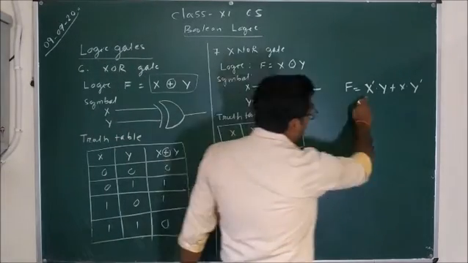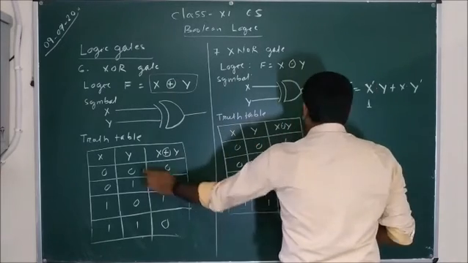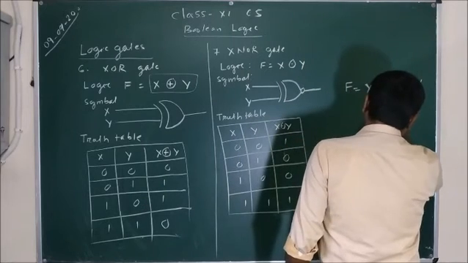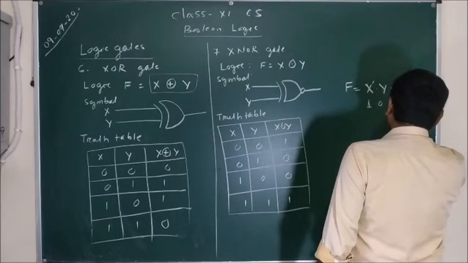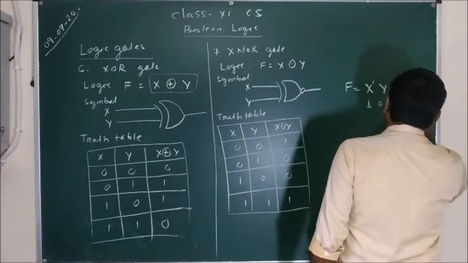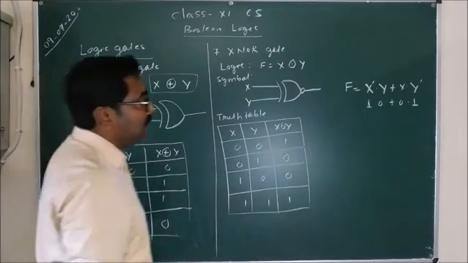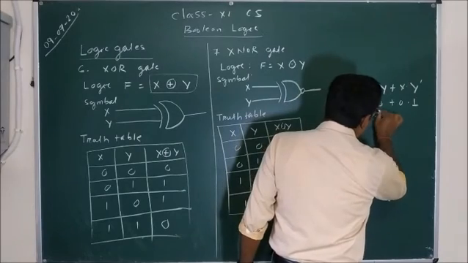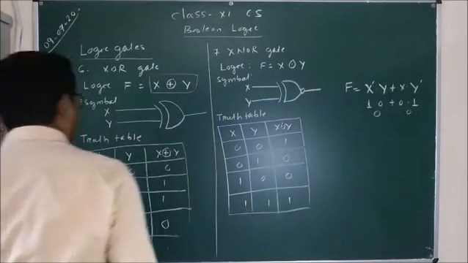If X is equal to 0, then X dash is equal to 1, and Y is equal to 0, so Y dash is equal to 1. For the first value, 1 dot 0 is equal to 0, and 0 dot 1 is equal to 0. So the output is 0 over here.